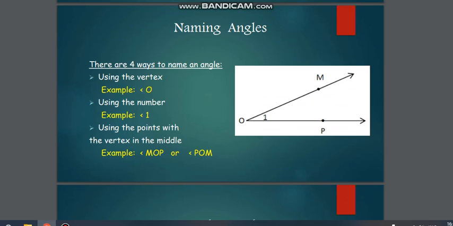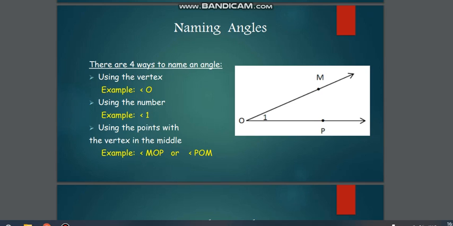There are 4 ways to name an angle. We use the vertex, or we use the number, or the points with the vertex in the middle. So we have 3 ways to name the angle on the right.